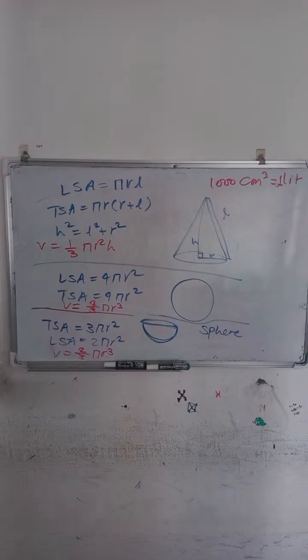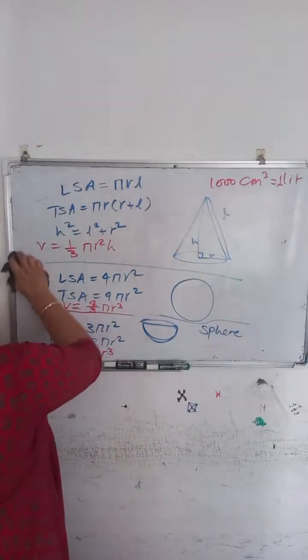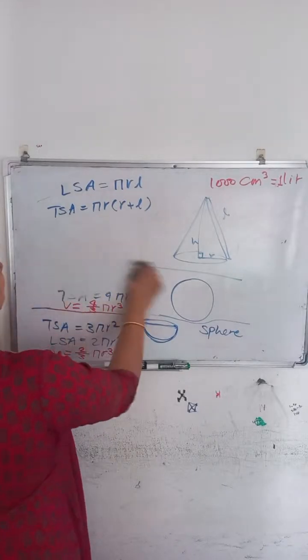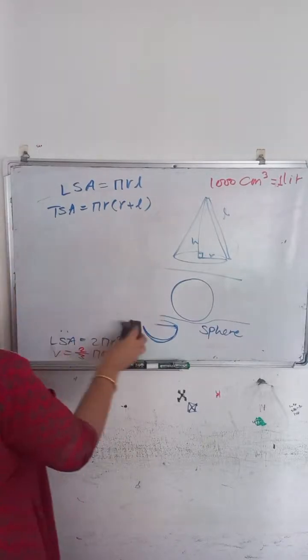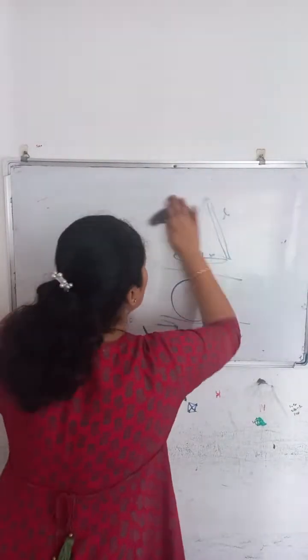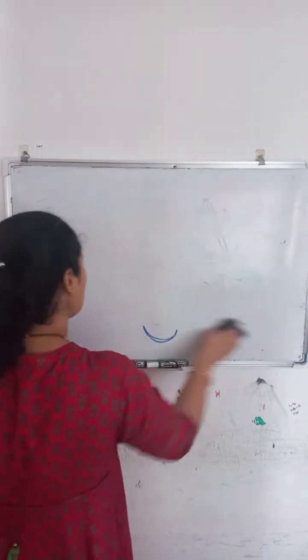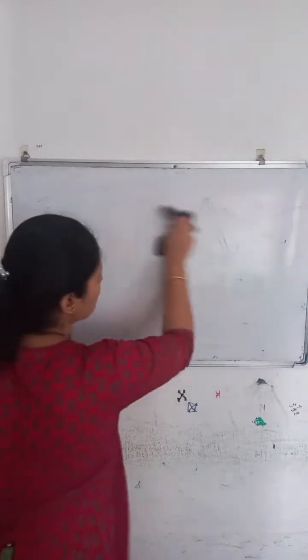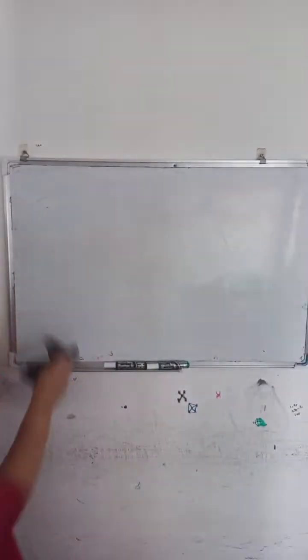The surface area of the sphere is 5544. When they are asking us to find the radius of the sphere, what is the surface area? Surface area means the total surface area of the sphere is given.